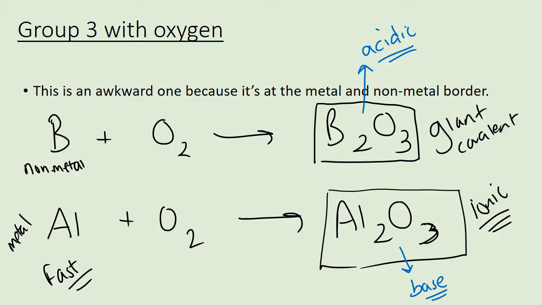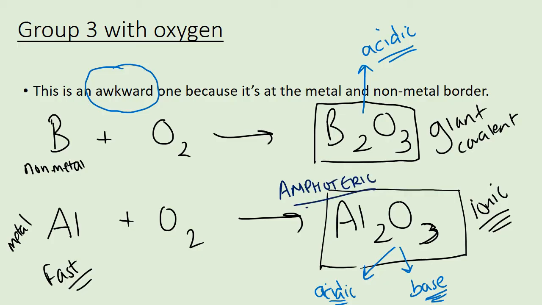Okay, making this a bit more awkward though, because it's right on that border, aluminium oxide actually acts as an acid as well, which is really, really confusing because aluminium oxide is acidic and a base. Okay, and in chemistry we use the term amphoteric.